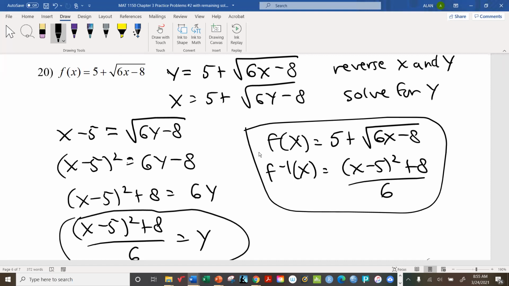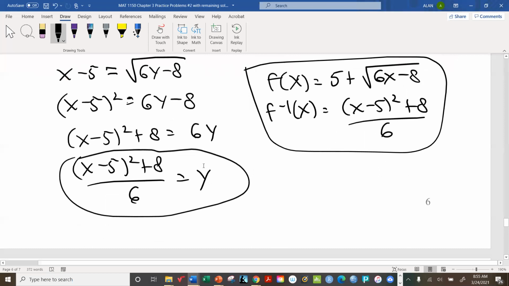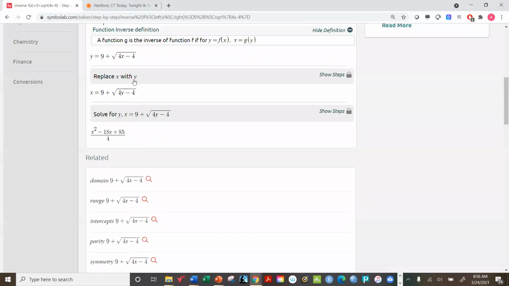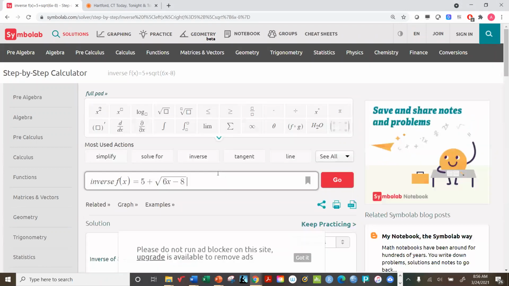So let's give it a shot on Symbolab. Now, of course, it looks like they're going to expand it, and we'll confirm that in a minute. All right, so we had 5 plus radical 6x minus 8. And let's see what it has to say for itself.